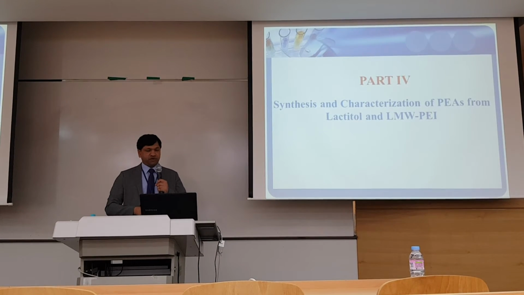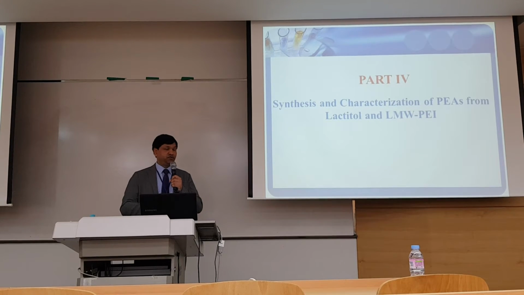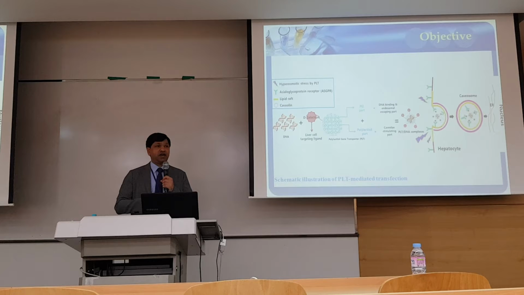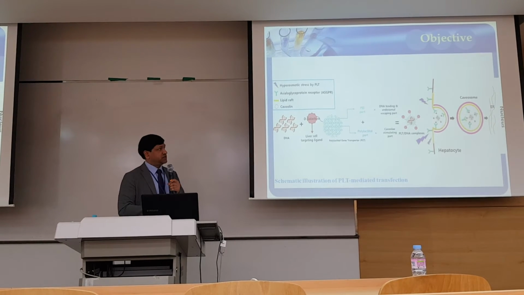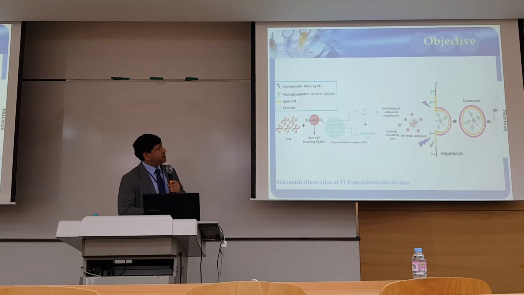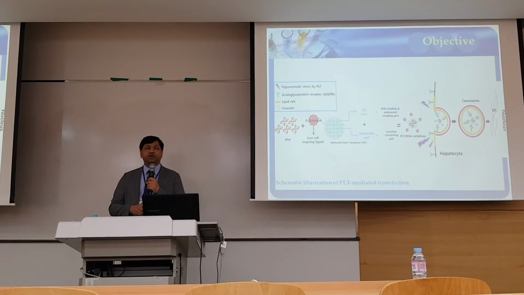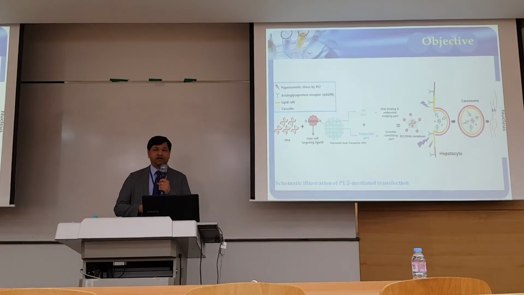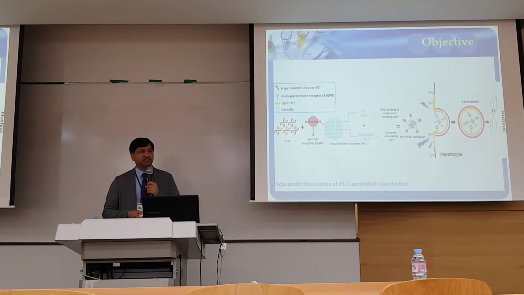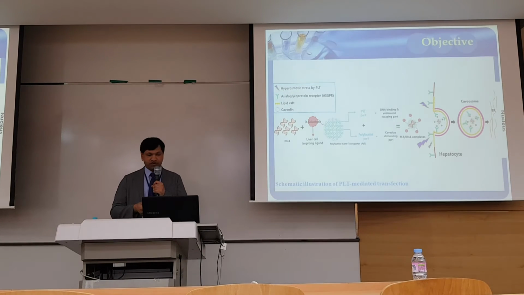Okay, so the last part I would like to show here is lactitol, another sugar alcohol. Because of the free hydroxyl groups, lactitol has a hyperosmotic effect. In this case, we try to use the sugar alcohol polymers for hepatocyte targeting, for liver cancer, because, as we know, the parenchymal cells of the liver contain glycoprotein receptors.